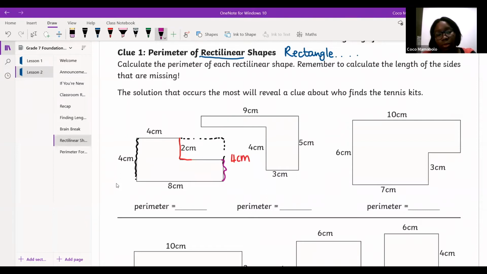Good, Boloko. Excellent, guys. If this part is already 2 centimeters, that's the same as this part being 2 centimeters. So this bottom part is going to be 2 centimeters. Keisha, not maybe, absolutely. It's 2 centimeters.